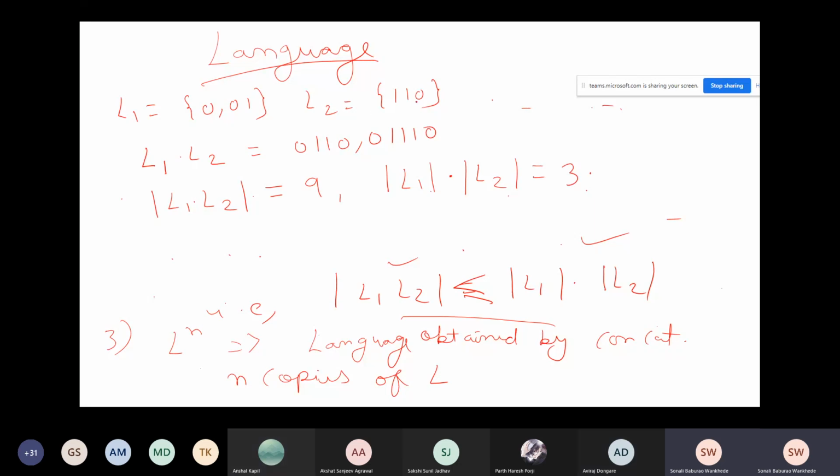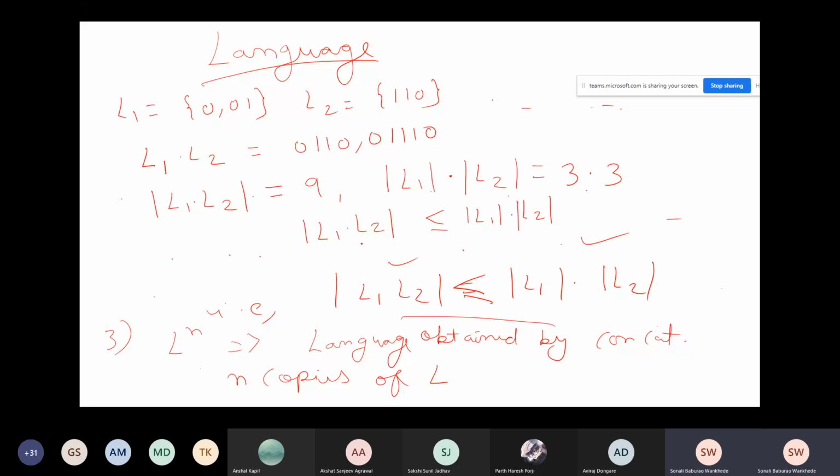So our definition says that the number of strings in L1 L2 is always less than or equal to |L1| times |L2|.